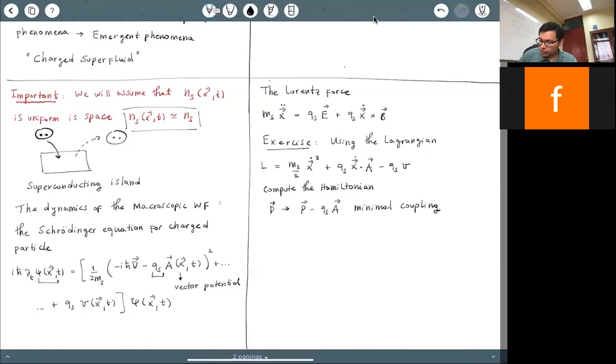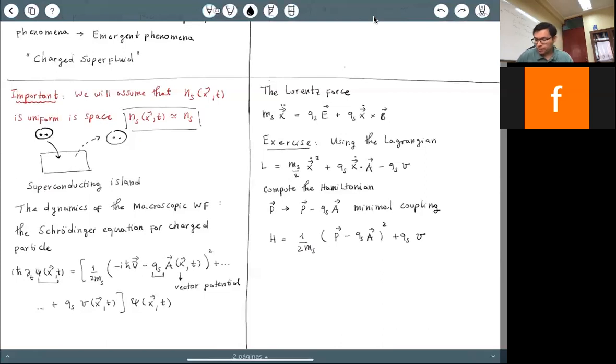And of course, you can really prove that the Hamiltonian of the system is nothing but 1 over twice the Cooper pair mass, and then here appears the momentum squared, but the momentum now has two components. This goes squared, plus q_s times the scalar potential.